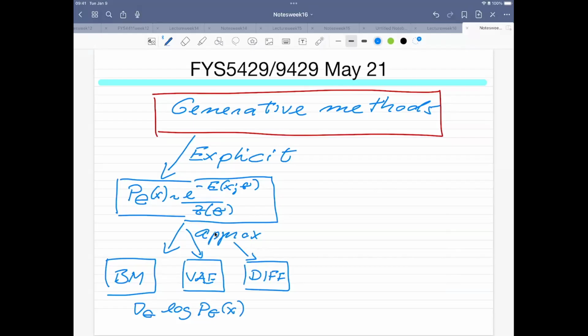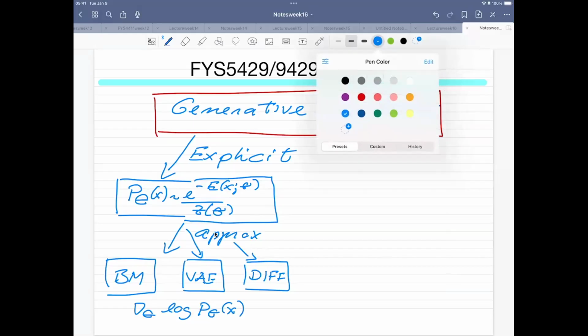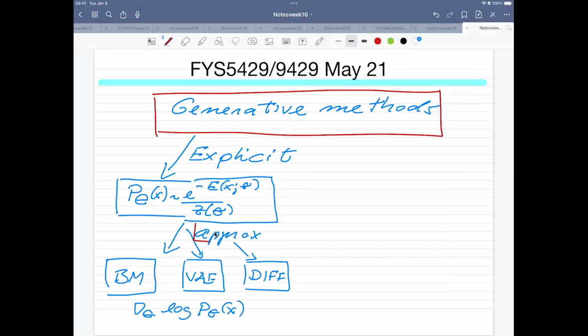Now, if we look at the explicit methods, we also have, instead of approximations, what we will call tractable methods. Let's just highlight the approximations here.